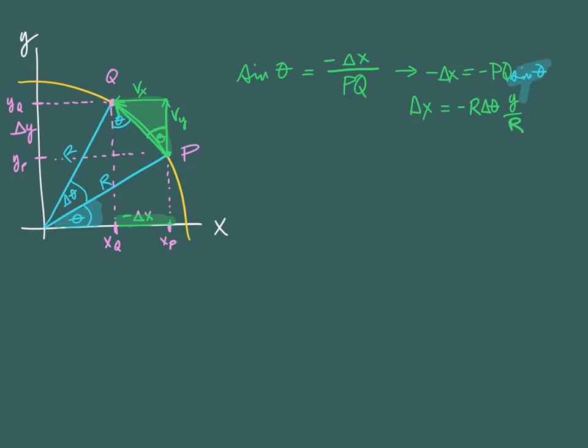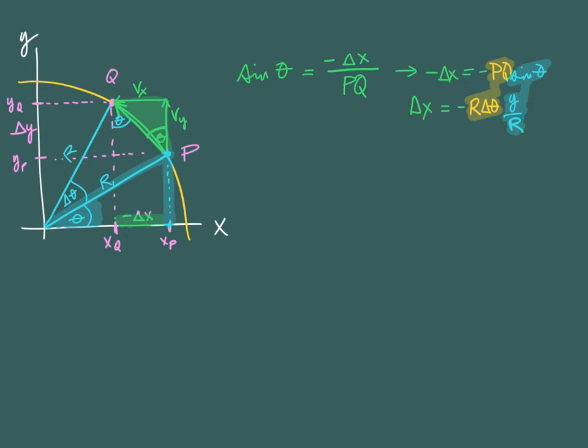So first, the easy part is sine theta is y over r. So sine theta, if I look down here, has this y height to it relative to the r. So I'm stealing from other parts of the puzzle. And why is PQ this distance PQ?